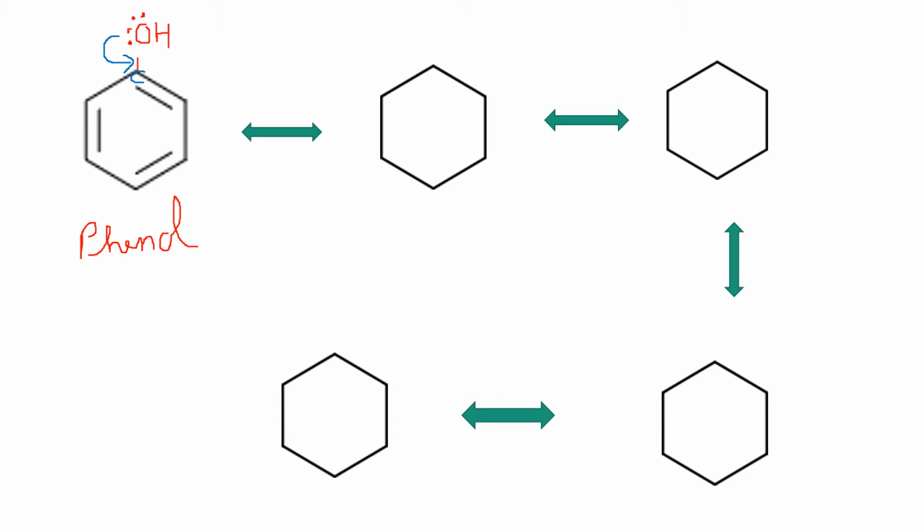So simultaneously, this pi bond will break and the electron density will shift on the carbon where the double bond is ending. So this is how we show the arrows. Do it slowly in the beginning.